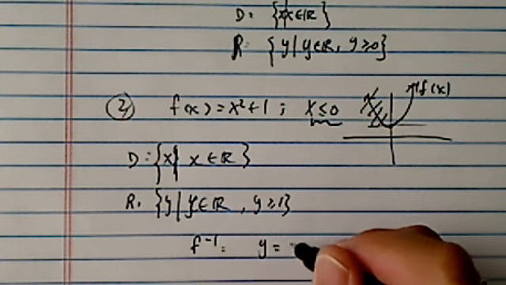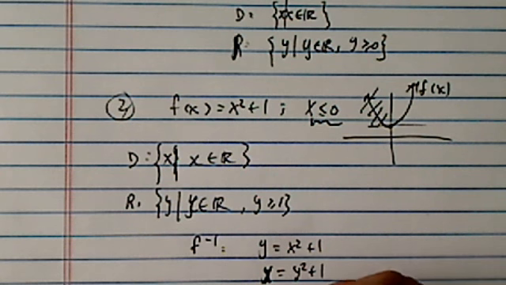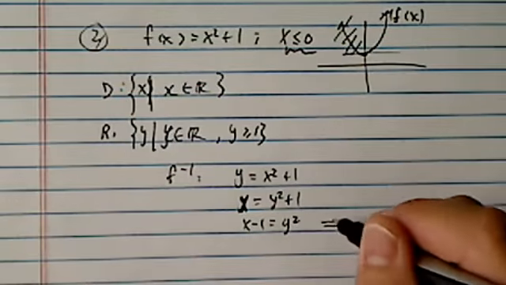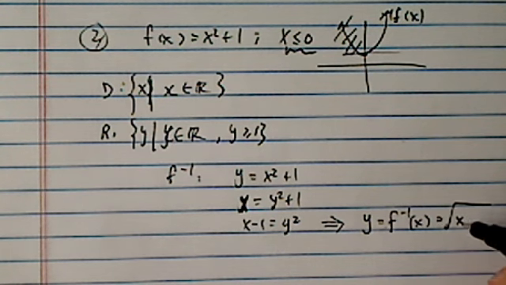So we're going to do y equal to x squared plus 1. Let's flip it. So x minus 1 equal to y squared. Y equal to f inverse of x is equal to the square root of x minus 1.